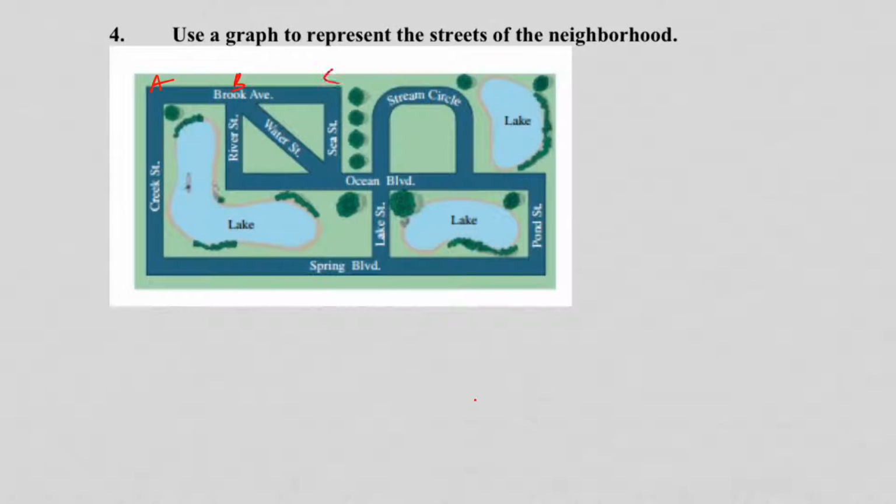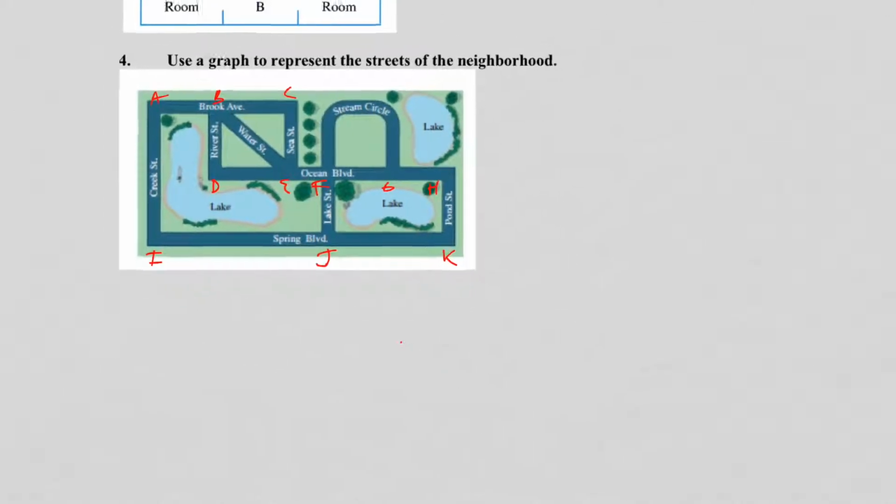All right. So A, B, C, D, E, F, G, H, I, J. Is that right? Okay. Just make sure I can do my ABCs here.